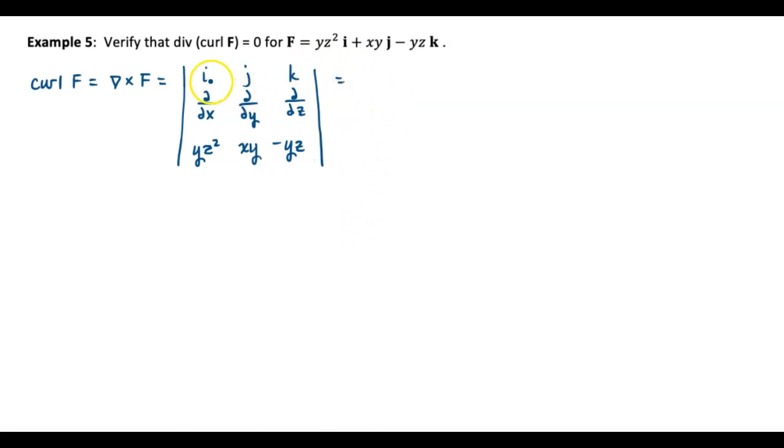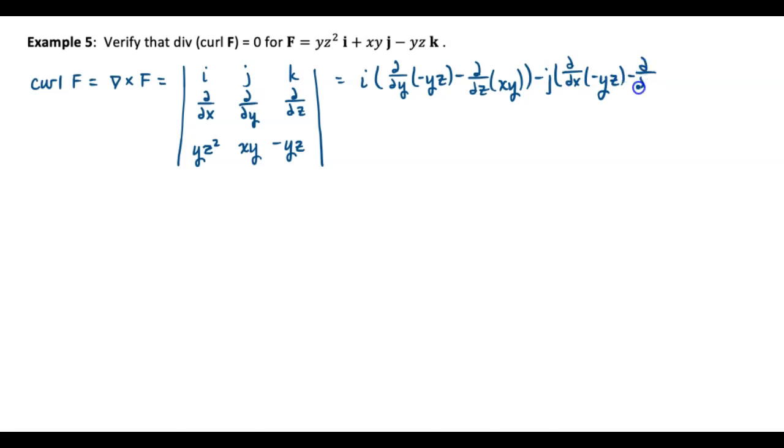And so this is going to be i. Our i component will have the partial with respect to y of negative yz, minus the partial with respect to z of xy, minus j times the partial with respect to x of negative yz minus the partial with respect to z of yz squared, and plus k.